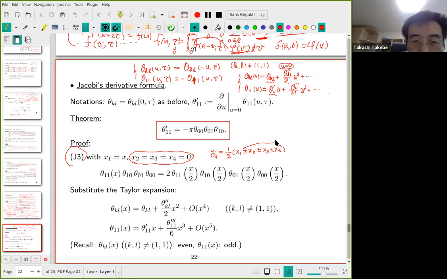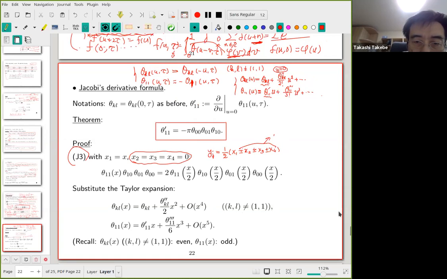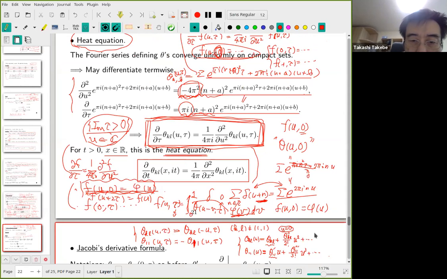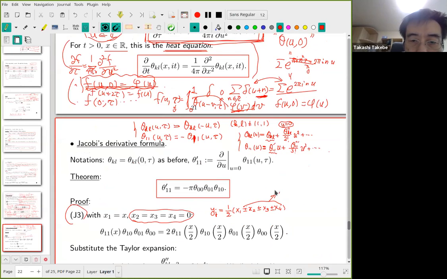So if we fix them to 0, then all of them are equal to x over 2.